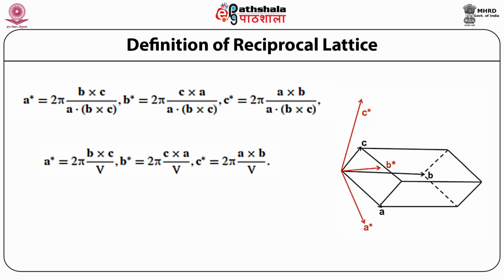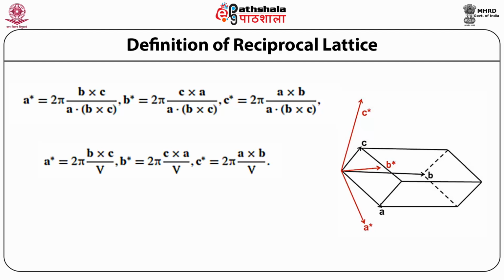Similarly for B star and C star shown here. So it also depends on which angles they have. Let us say for example if all angles are 90 degrees, then A star and A will have the same direction. Similarly B star and B will have the same direction. C and C star will have the same direction, like this.